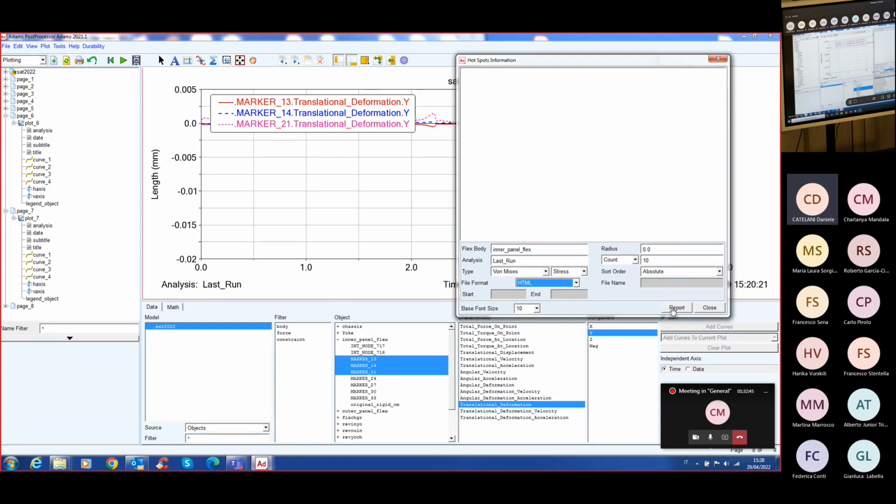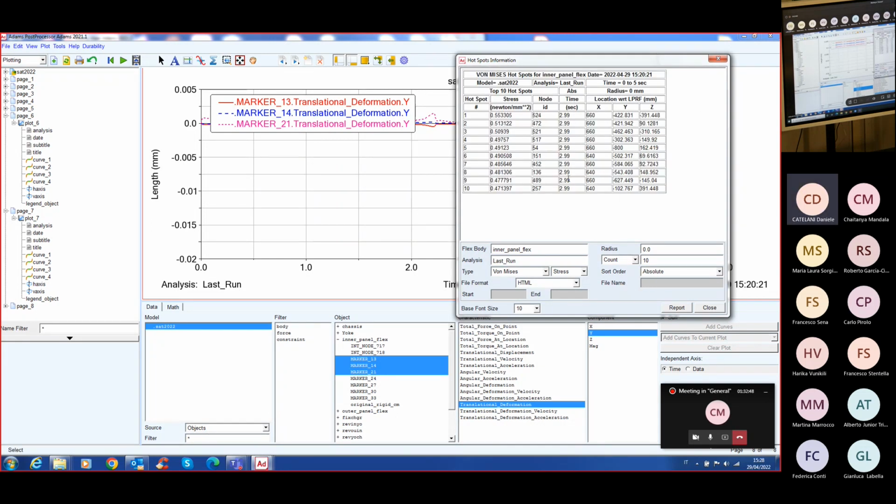If you click on report, you see that we have 10 hotspot information, 10 values of maximum stress from the maximum to this, which is the node in our flexible body in which we have this value of stress, at which time we got these results, probably when the system activates the latching mechanism, and which is the position in the mesh of this node.